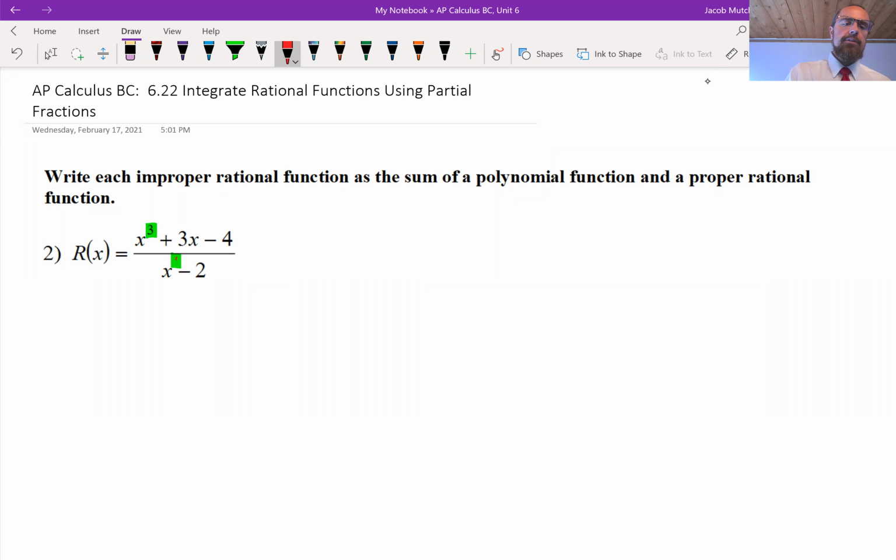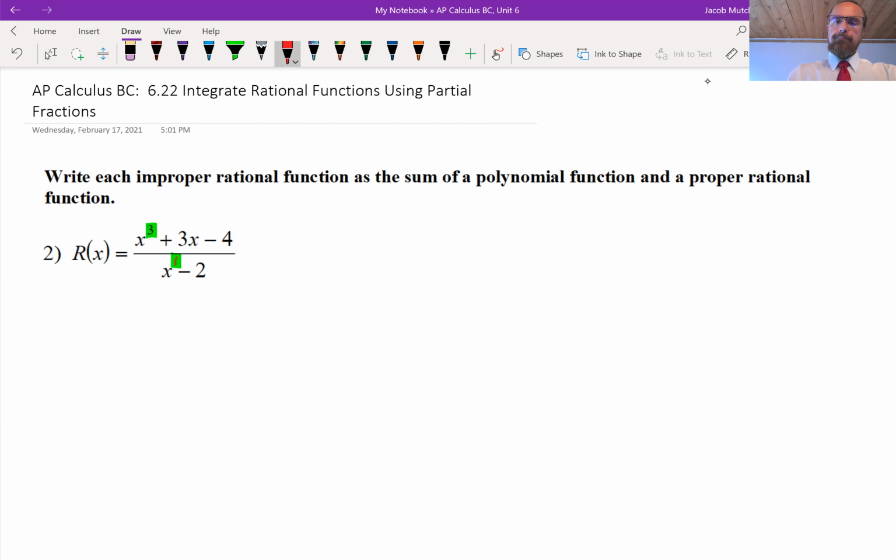Whenever I've got that arrangement and I've got the task of integration in view, I need to run polynomial long division to reduce this down to a single polynomial plus a fraction that has a power in the numerator that's smaller than the one in the denominator.